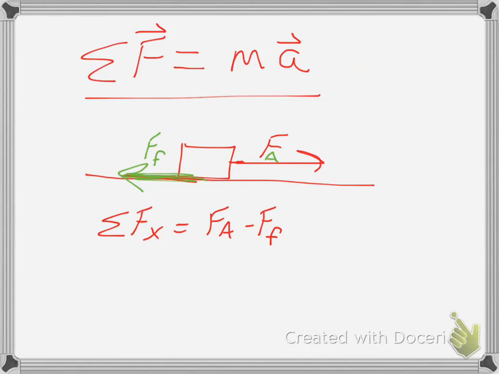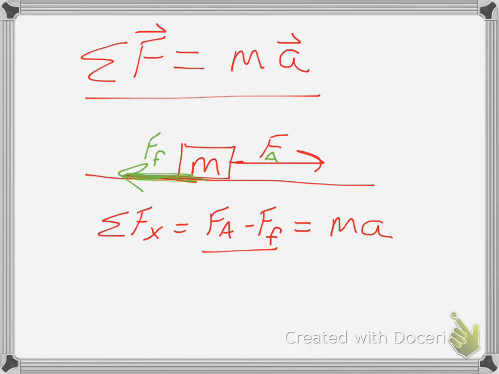And since force is a vector, that would be a negative quantity, and that would be equal to that box's, and we'll put that m right there, that box's mass times its acceleration. And so this is the sum of the forces, and the sum of those forces is equal to its mass times its acceleration. So that's the basics of this chapter, is that we're just going to be figuring out how to sum these forces and then put them together to solve for different aspects of a system.